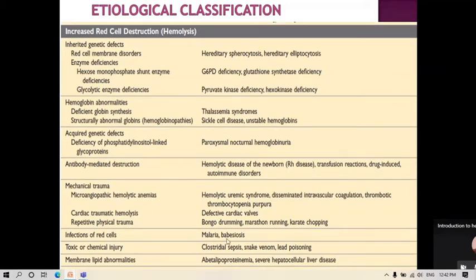So that is the pathogenesis of anemia in malaria, and there are various other mechanisms also. Similarly, hemolysis can occur because of sepsis and snake venom, and there are other severe diseases.